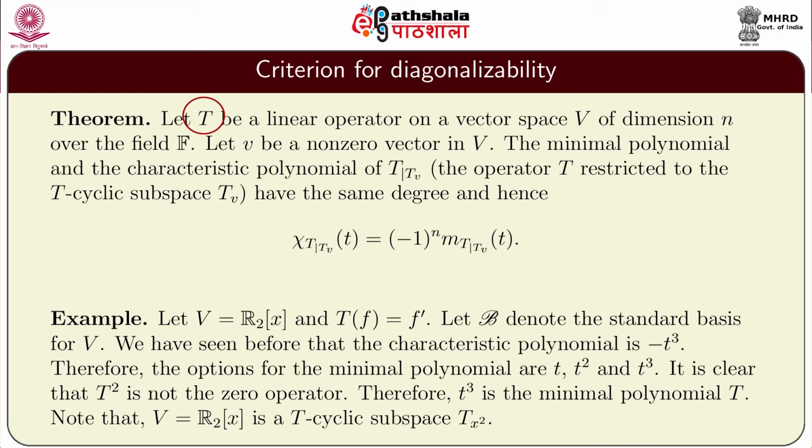So, let T be a linear operator on a vector space V of dimension n over the field F. Let v be a non-zero vector in V. The minimal polynomial and the characteristic polynomial of the operator T restricted to the T-cyclic subspace Z(T, v) have the same degree, and hence chi of T restricted to Z is equal to minus 1 to the power n times m of T restricted to Z.